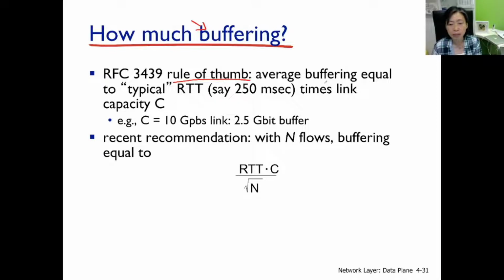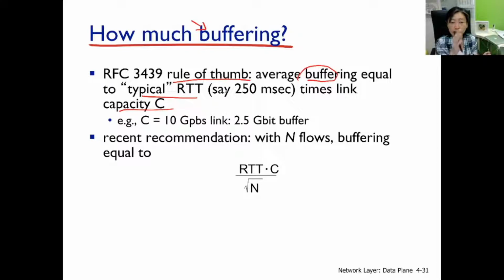The documentation says the buffer space should equal the typical round trip time multiplied by the capacity. The intuition behind this has something to do with how TCP does congestion control. You see, in TCP, data is sent, ACKs come back. After receiving duplicate ACKs or waiting for a timeout, the source will discover there's a packet loss, there's congestion, and therefore slow down.